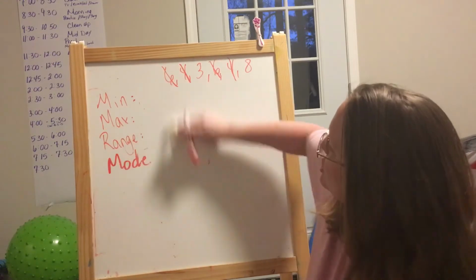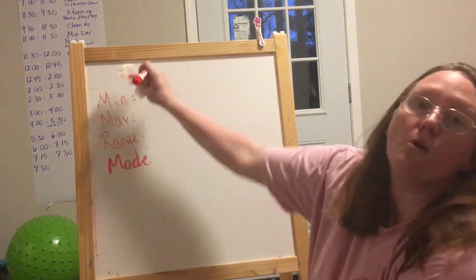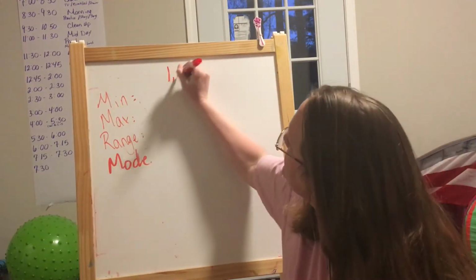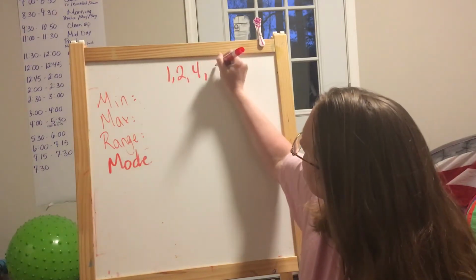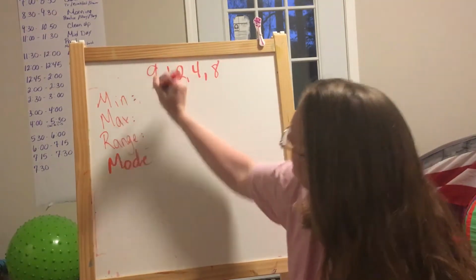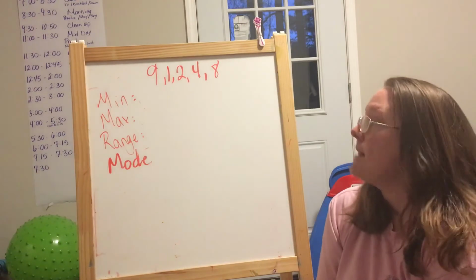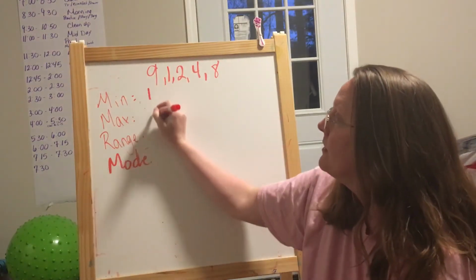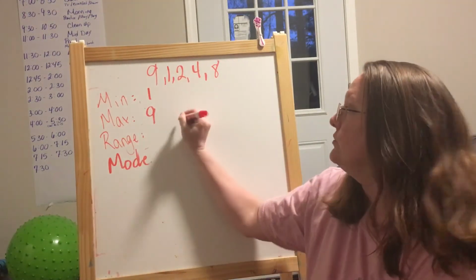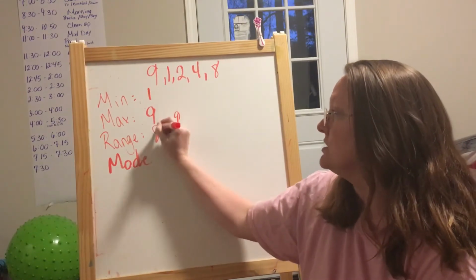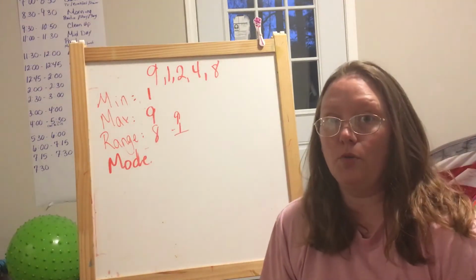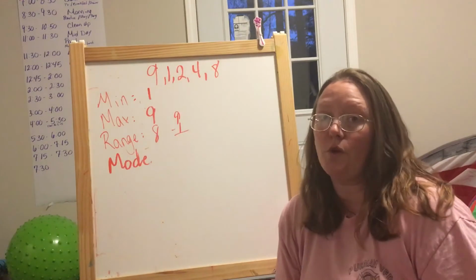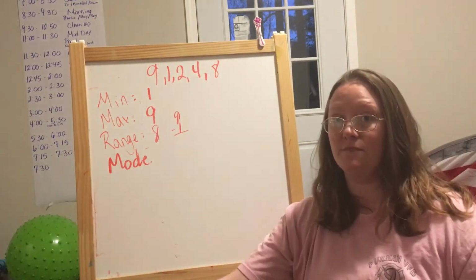Now, there's one more trick to this before we do a power round. In this data set, my minimum is 1, my maximum is 9, and if I do 9 minus 1, my range is 8. There is no mode. All of those numbers only showed up 1 time. So everybody had a different answer.